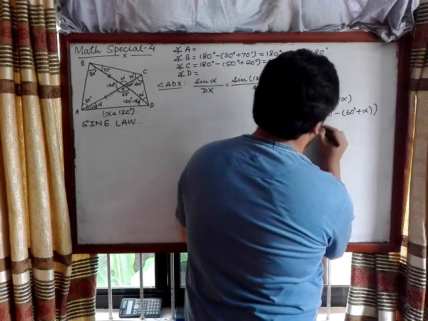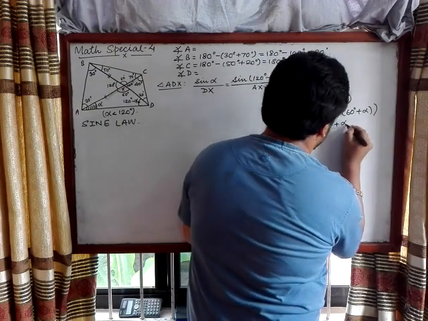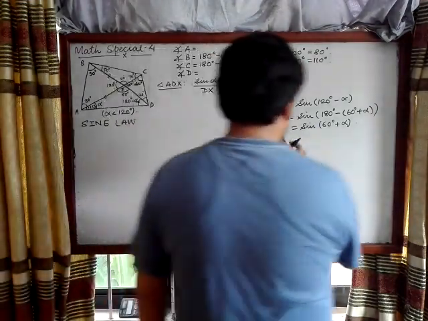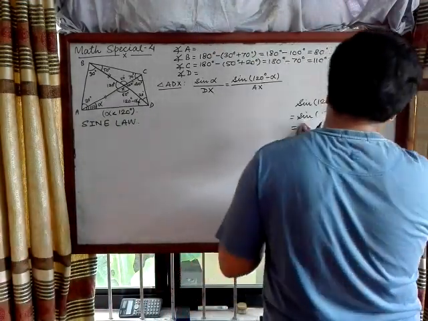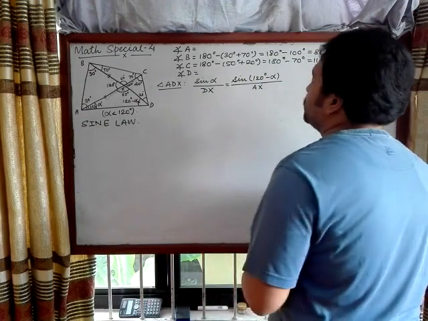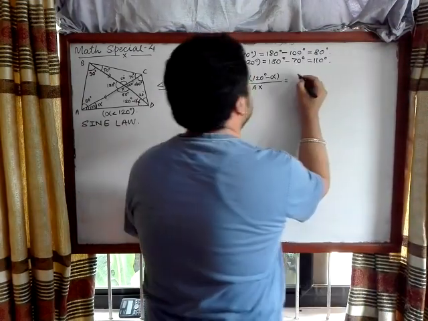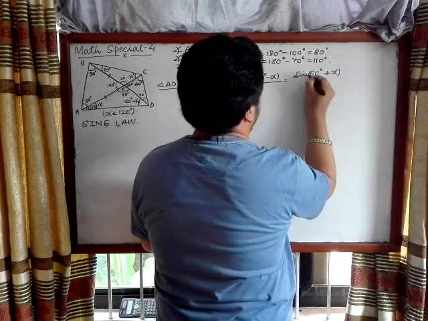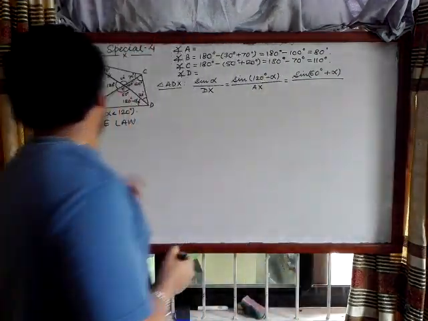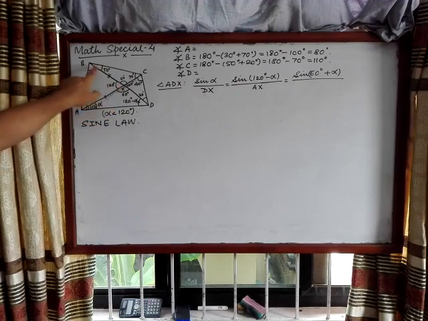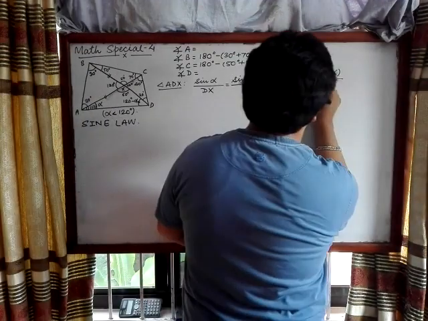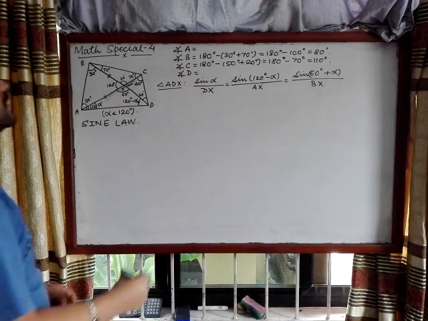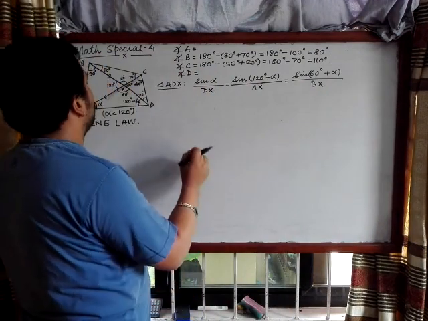So this is sine of 60 degrees plus alpha. Okay, so we can write this as sine of 60 degrees plus alpha over, we already have AX is equal to BX, so let's use BX. Okay, let's use BX. So what do we have?